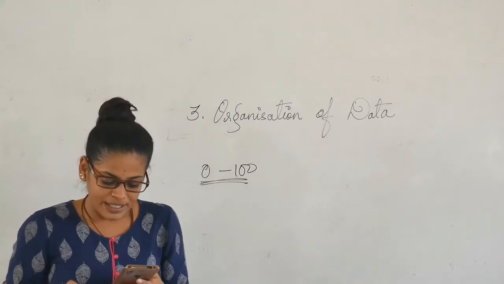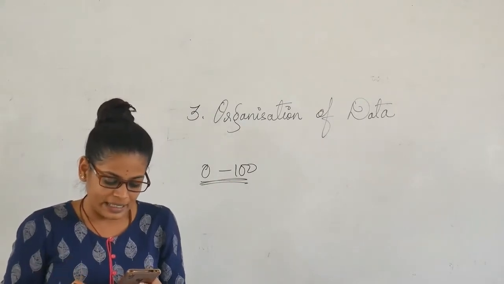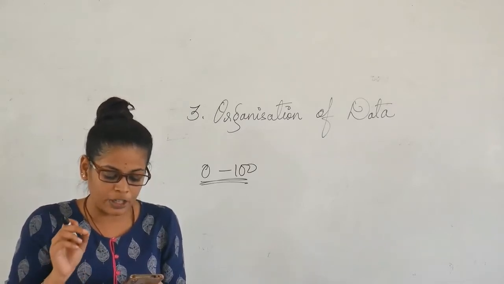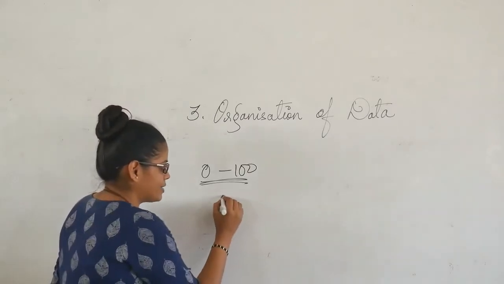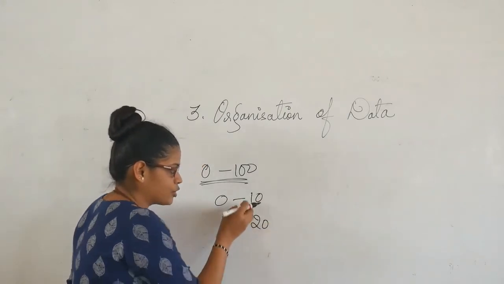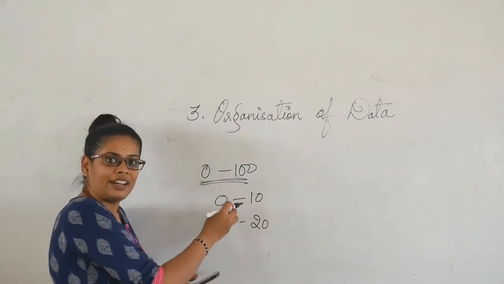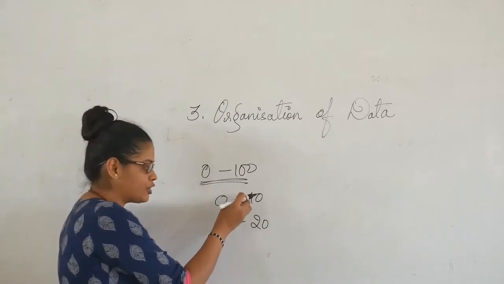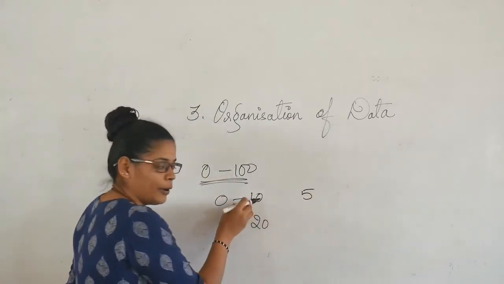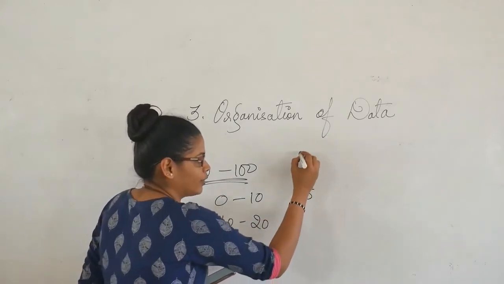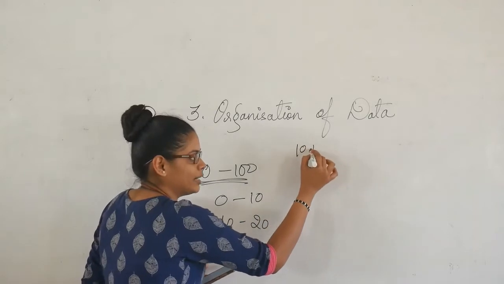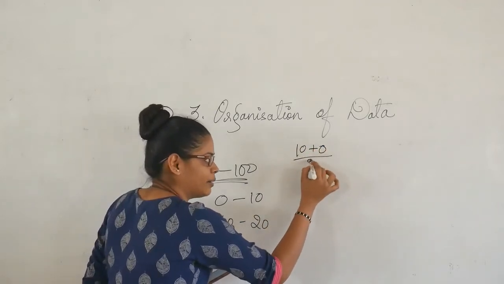When a frequency distribution is being constructed, a class limit should be chosen so that the midpoint coincides with the class mark. So when we say 0 to 10, 10 to 20, we should also calculate the midpoint. For example, 5 becomes the midpoint here. We calculate the mid mark, or class mark, as the upper class limit plus the lower class limit divided by 2.